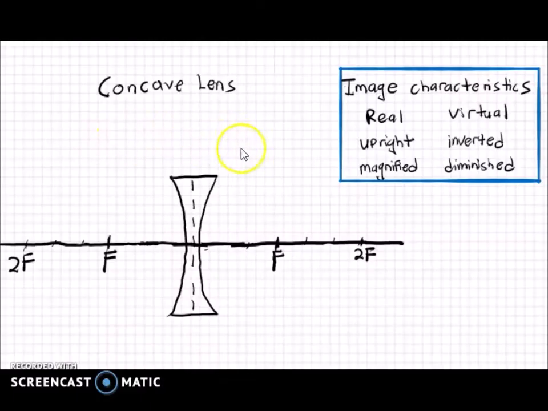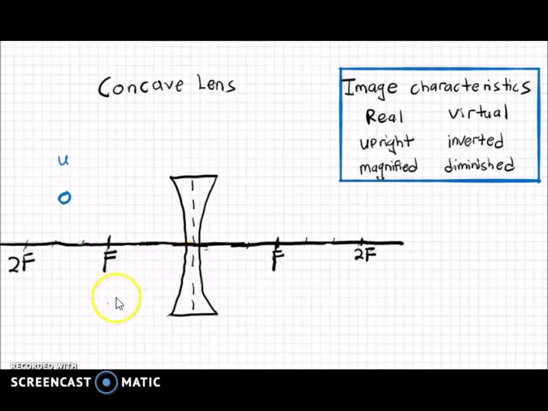Okay, this is the concave lens. Now I'm going to place an object here. Let's say the object is here. This is the object, or symbolically we will put it as u, the distance of the object. Now we have to learn to draw the rays.